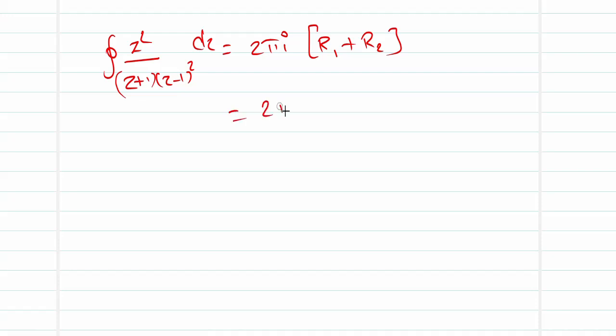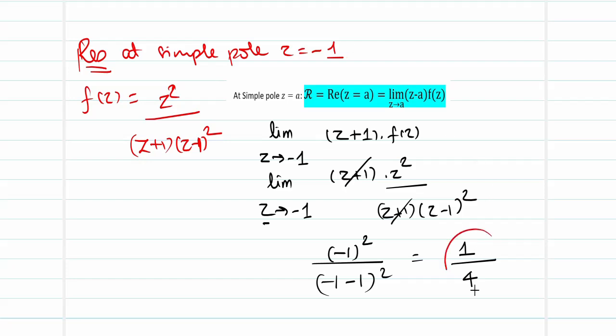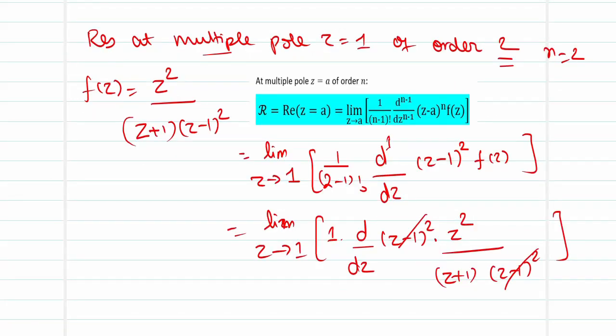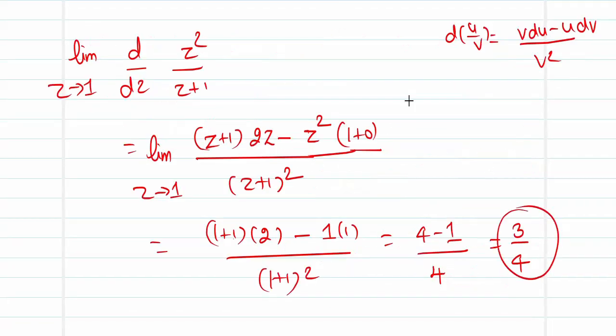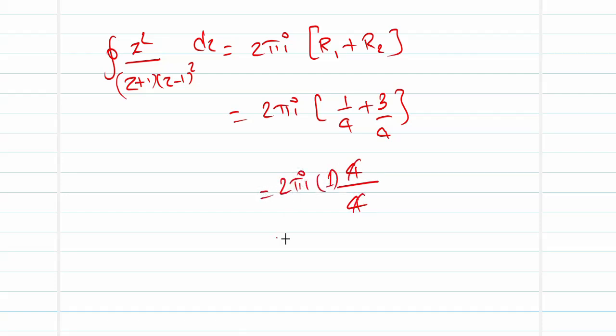So it is 2 pi i times the value of the residue 1, which we obtained for the simple pole, was 1 by 4, and the value of the residue for the multiple pole was 3 by 4. So it is 1 by 4 plus 3 by 4. LCM 4, so that makes it as 1. So the value is going to be 1 into 2 pi i. So the final value of the integral is going to be 2 pi i.